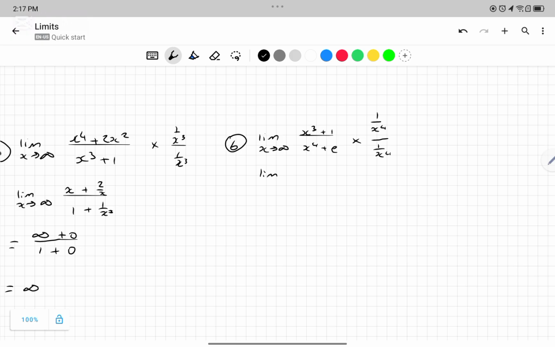So the limit as x approaches infinity, 1 over x plus 1 over x to the 4th, all over 1 plus e over x to the 4th, which we are going to get 0 plus 0 over 1 plus 0, which is equal to 0.